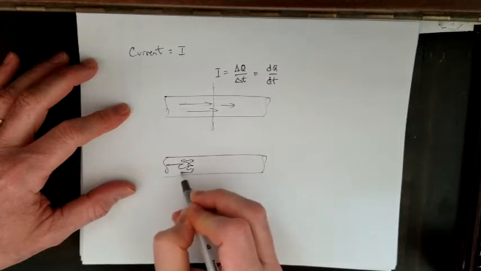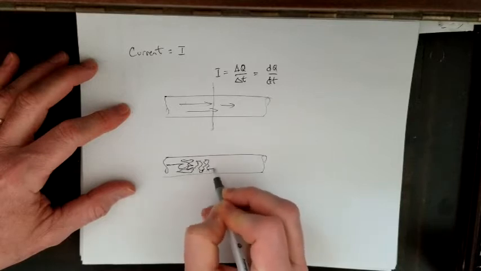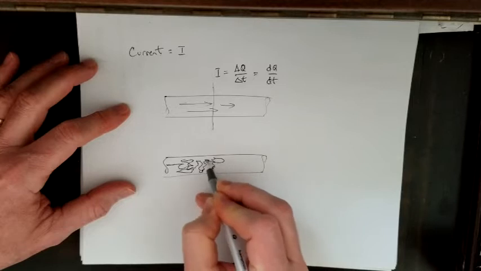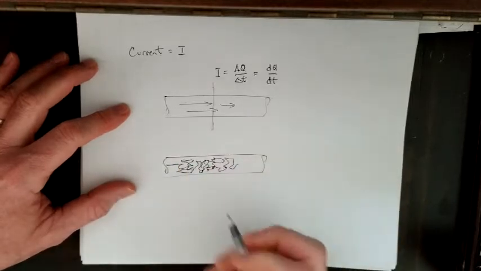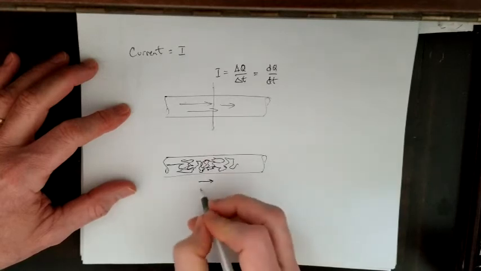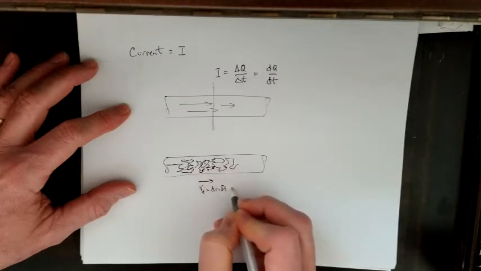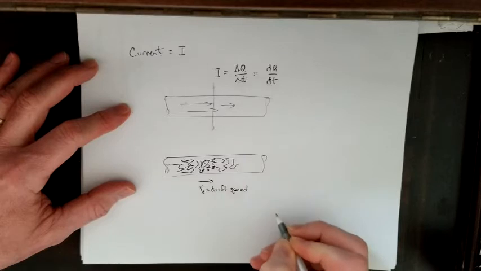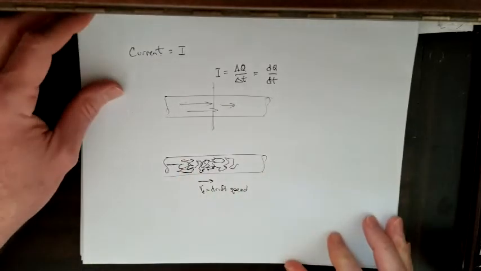And so the path is not in a straight line, but it has a general movement in that direction. And so the speed of this electron is known as v sub d, or drift speed. But it has an overall general approach going in one particular direction.